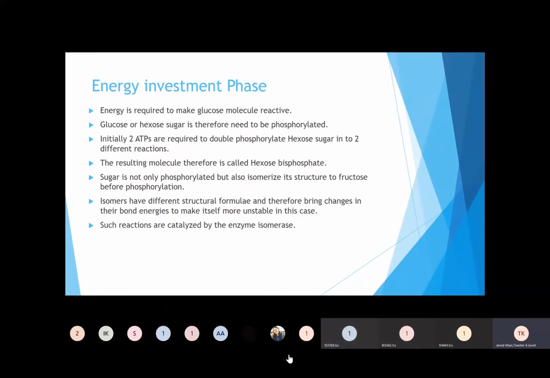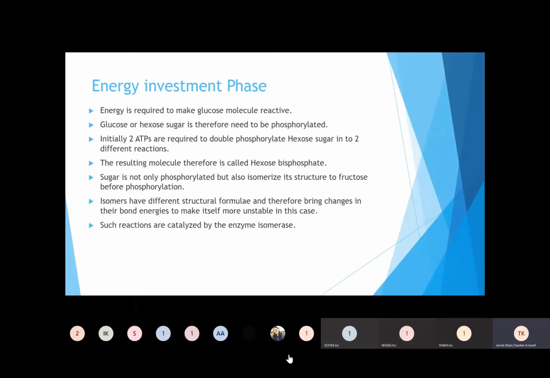Now, in the next step, sugar is not only phosphorylated but also isomerized in its structure to fructose before phosphorylation. Right. Do you have some idea of isomers in chemistry? Isomers have different structural formulas. They have the same molecular formula, the same number of elements, but different structural formulas.